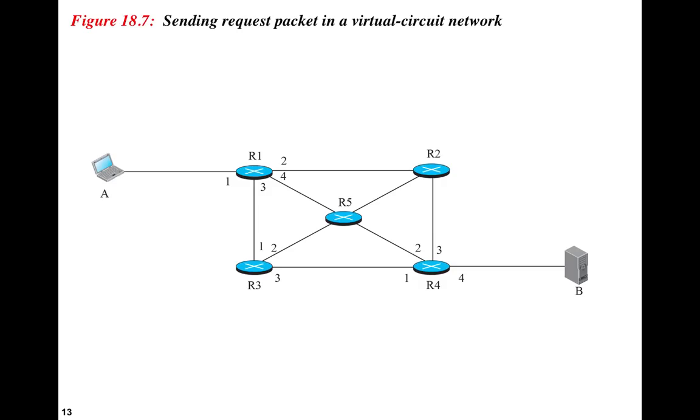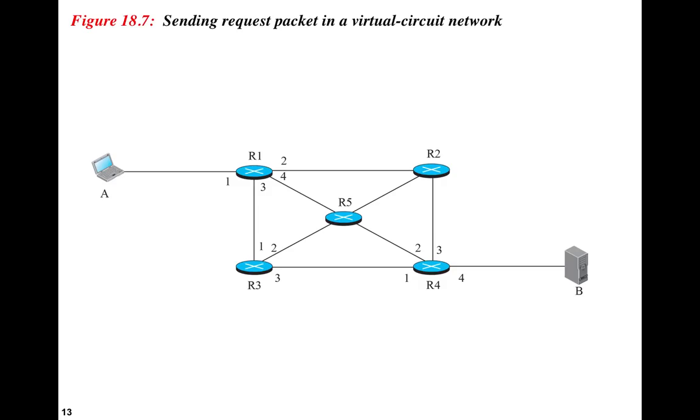This request packet contains the source address and the destination address. And we said that the routers already contain the routing table. So when the request packet comes in, they know which router to forward it to.